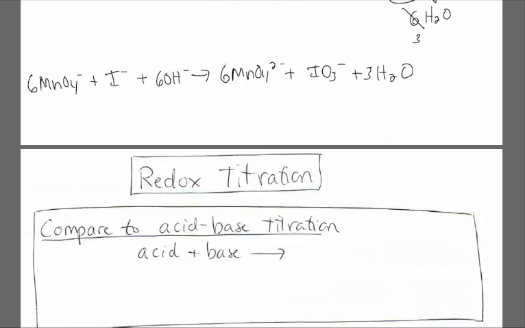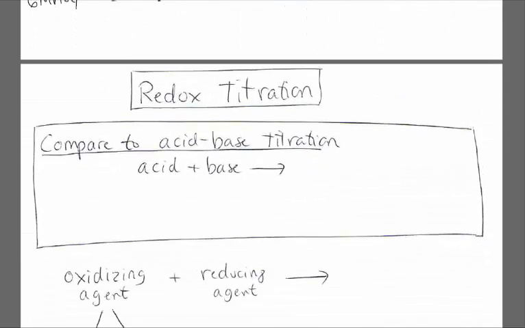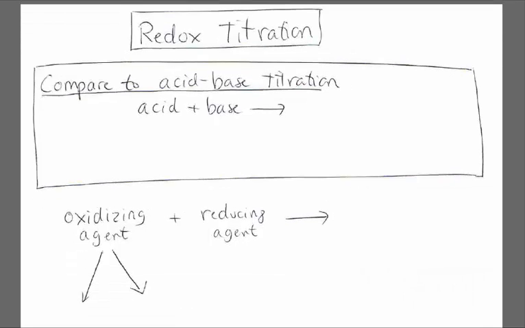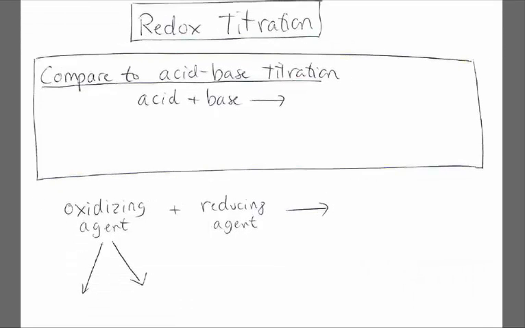Finally, our last topic is going to be redox titrations. Okay, it's similar to an acid-base titration. In an acid-base titration, you may remember that an acid plus a base made water plus something else.